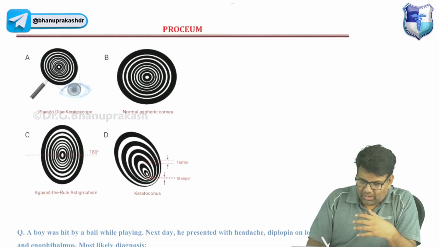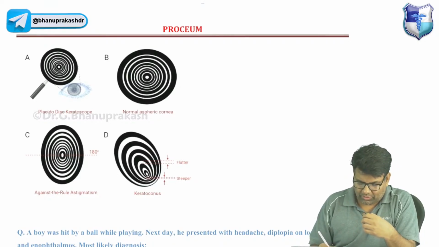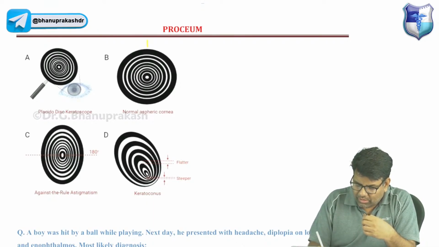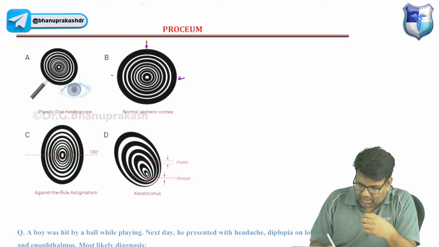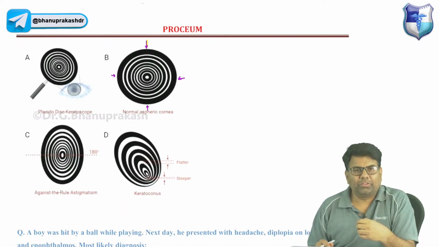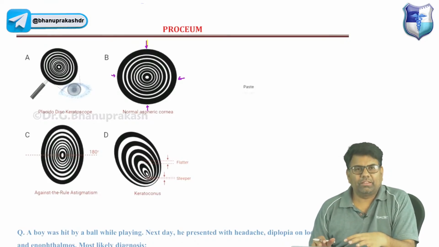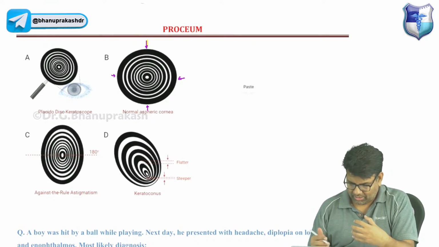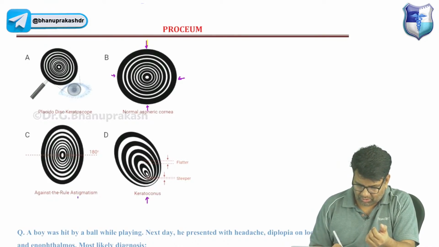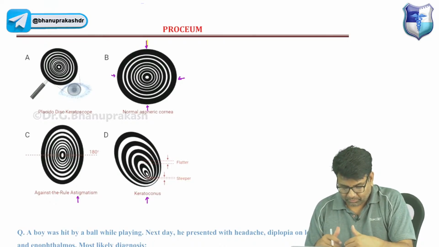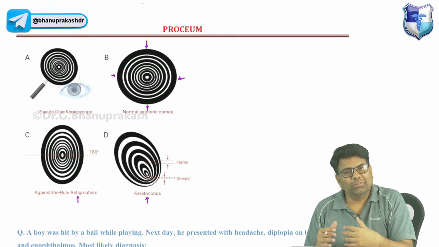Normally, if you look at the corneal surface through a placido disc, it should show us a symmetrical and spherical picture. So this is a normal cornea, and if there is any distortion in the shape of the cornea, it may be because of keratoconus, astigmatism, or even a corneal scar, it will distort the image of placido, right?